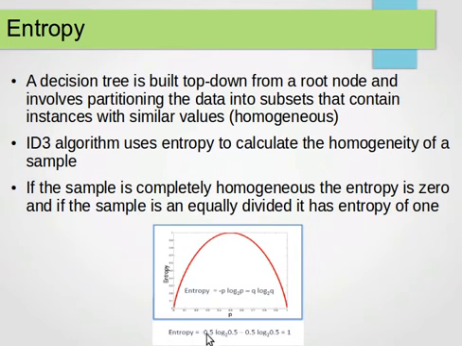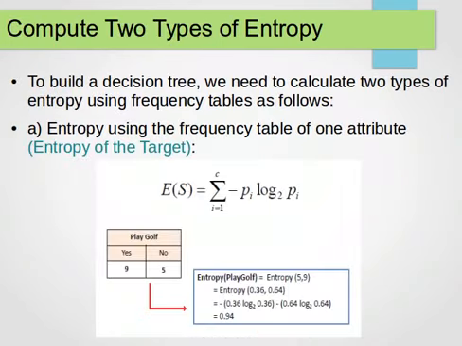Then the entropy is minus 0.5 log to base 2 of 0.5 minus 0.5 log to base 2 of 0.5, and that's 1. So if things are equally divided, then the entropy is 1. If everything is homogeneous, then the entropy will be 0, at either end. Now to construct a decision tree, we need to compute two types of entropy.